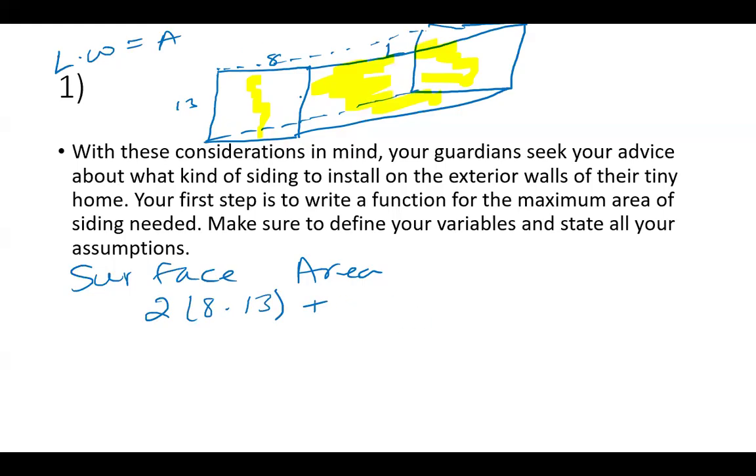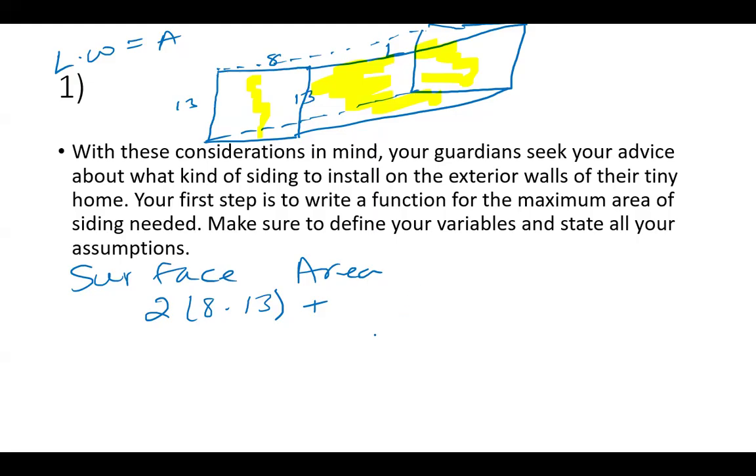Plus, what are the other ones? They're rectangles still. But what are their dimensions? It's 13 by what? L. It's just 13 by L, right? Because we don't know our length.